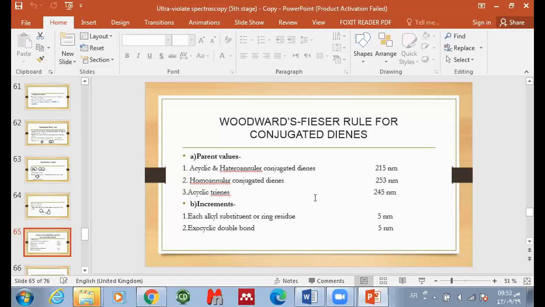When we add alkyl substituents to those compounds, we find a 5 nanometer increase, so we have to add 5 to the parent value of the molecule.